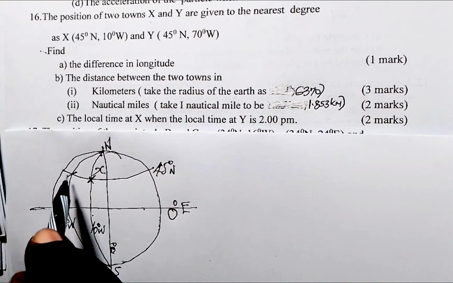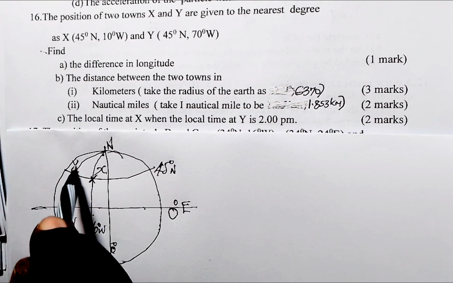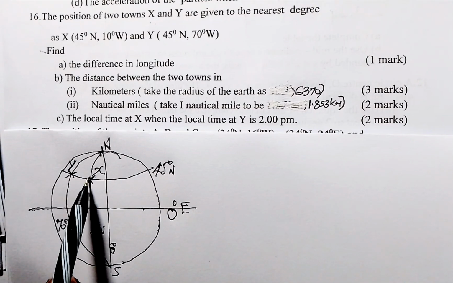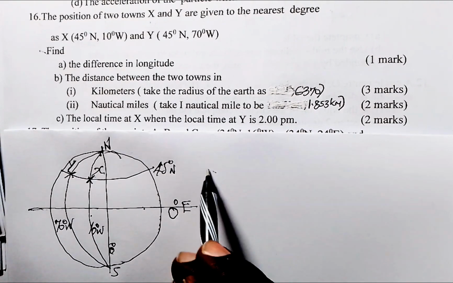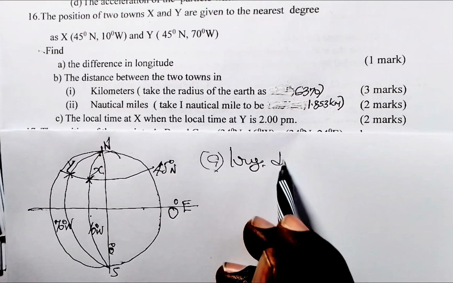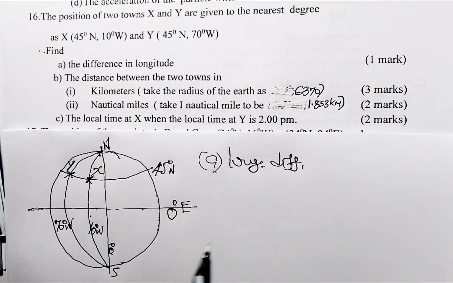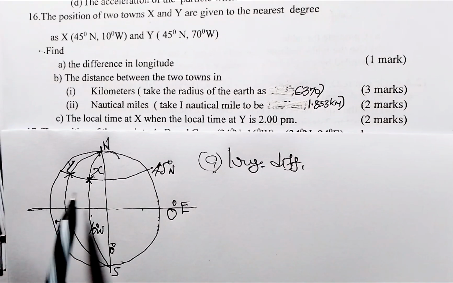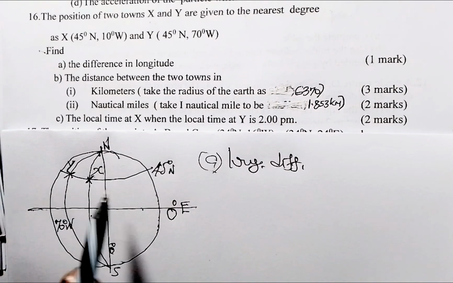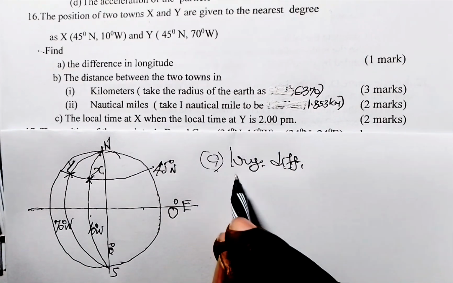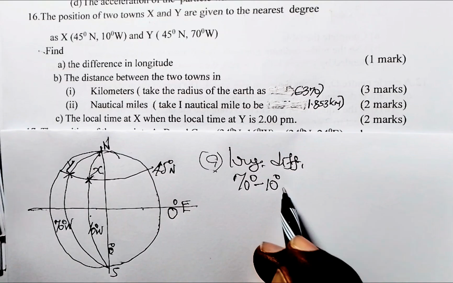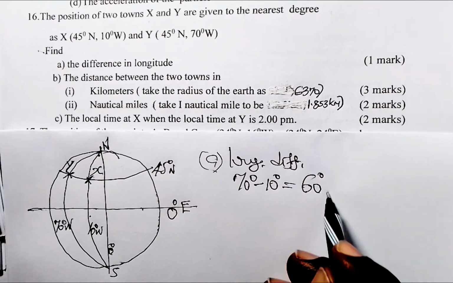So this is our town Y. So we have the two towns X and Y. In part A, we are told to find the longitude difference. Since they lie on the same side of the meridian, westward, the longitude difference will be 70 degrees minus 10 degrees, which equals 60 degrees.